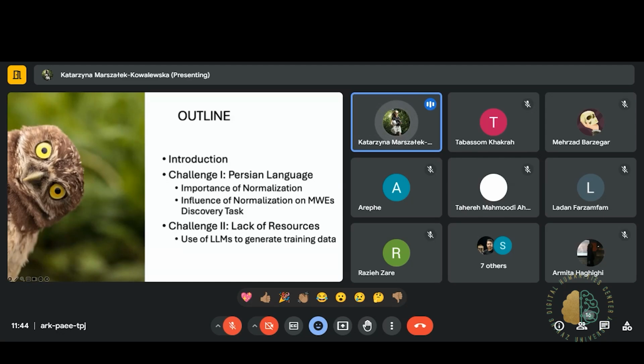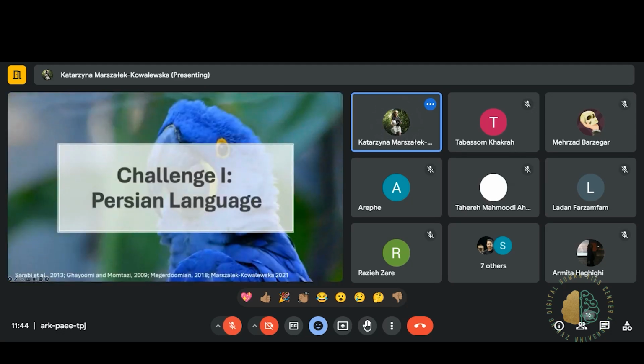And what I would like to show you is how you can very quickly, easily and effortlessly generate training data for the Persian language for different NLP tasks using large language models. So this is the plan, the agenda for today. And now let me move to the first part.